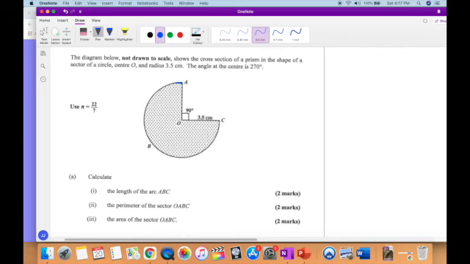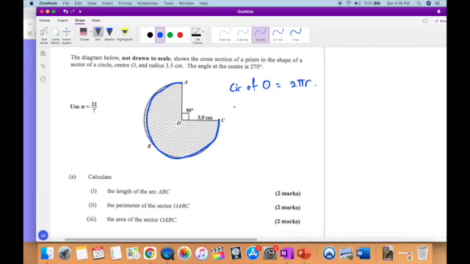So they want the length of this here, and that is easy. What I'll do is I'll calculate the circumference of the circle. Alright, circumference of circle is equal to 2 pi r.